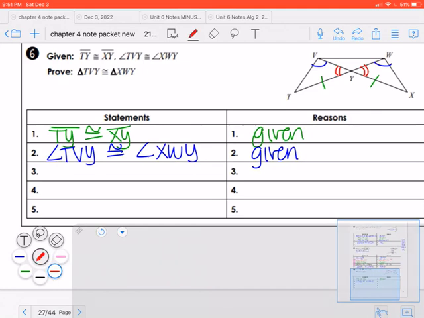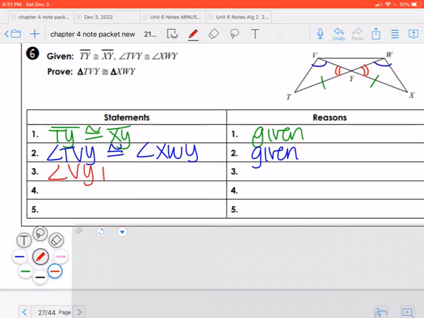So let's name those. Angle VYT is congruent to angle WYX by vertical angles. Vertical angles are congruent.